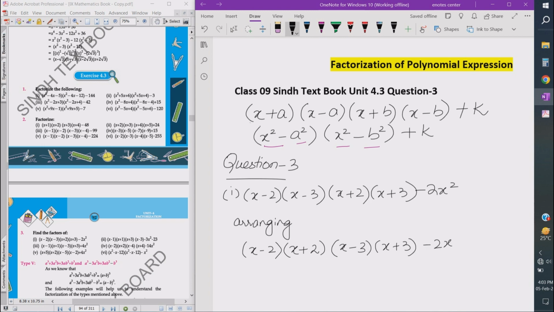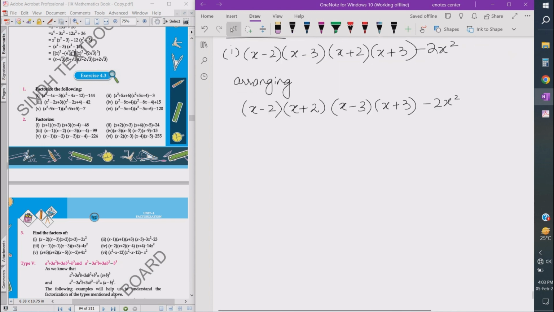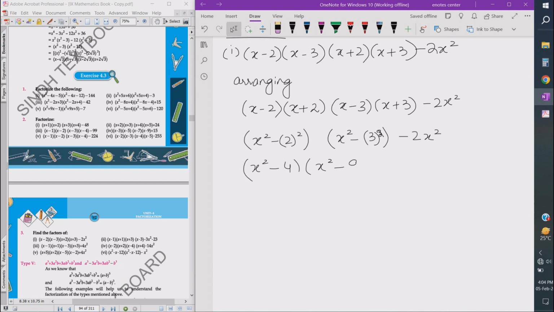Now we will solve: x square minus 2 square, and this one is x square minus 3 square, and this minus 2x square. Now we have x square minus 4 and this one is x square minus 9, minus 2x square.